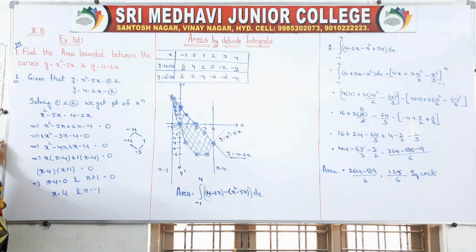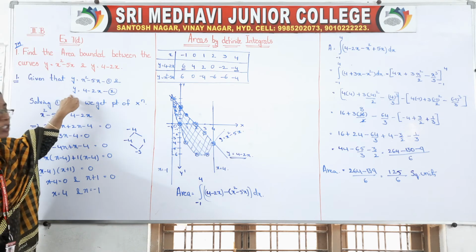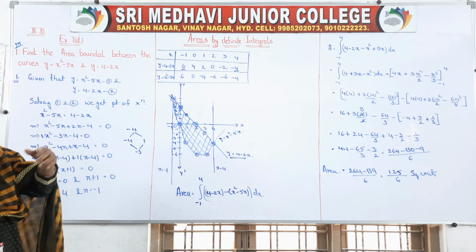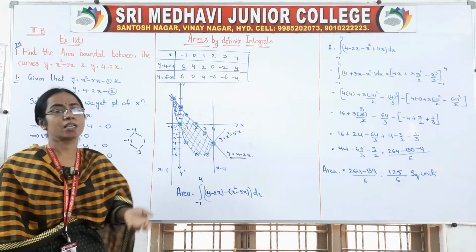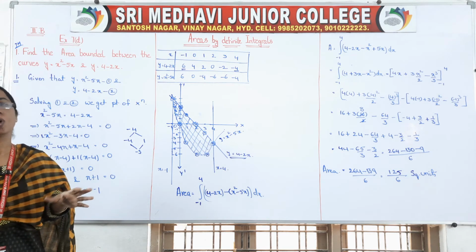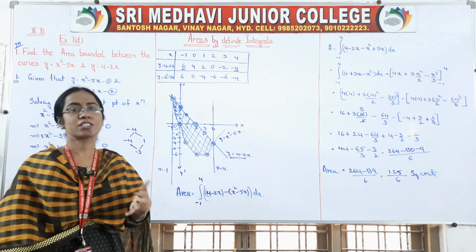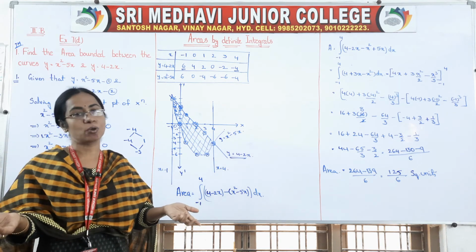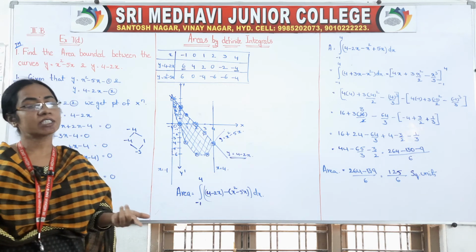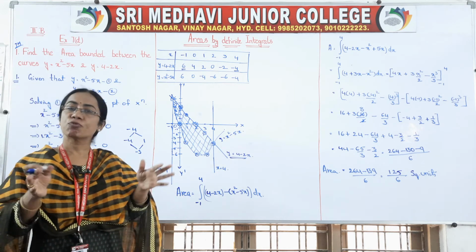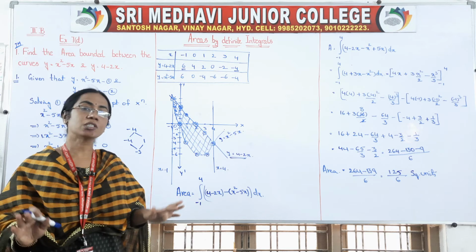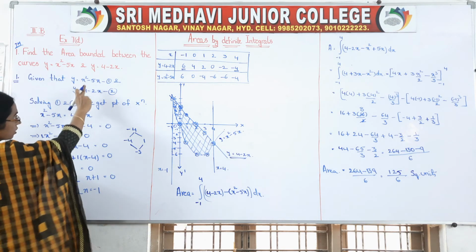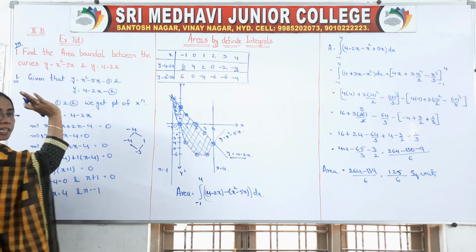In such cases we have to find the point of intersection of these two. So how will we find the point of intersection? Just solve the two equations, anywhere in mathematics, not only here. If we want to find the point of intersection, where those two intersect, we solve those two equations. So come on, solve these two curve equations.